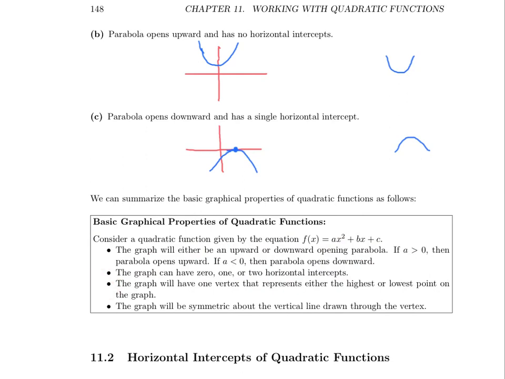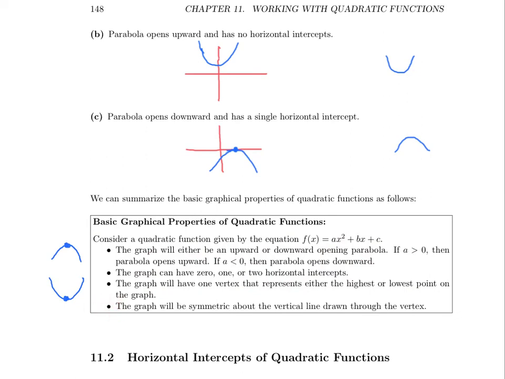Next, the graph will have 1 vertex, in other words, 1 turning point, and that vertex represents either the highest or the lowest point on the graph. To illustrate, if you had a downward opening parabola, notice the vertex represents the highest point, but if you had an upward opening parabola, the vertex represents the lowest point on the graph.